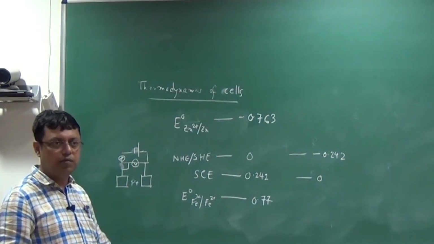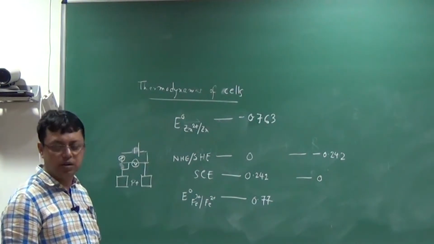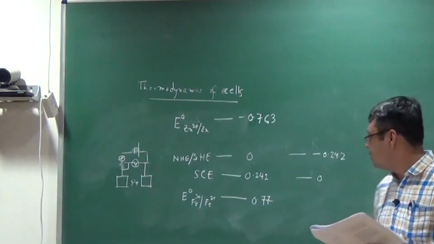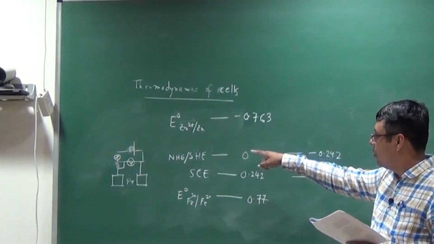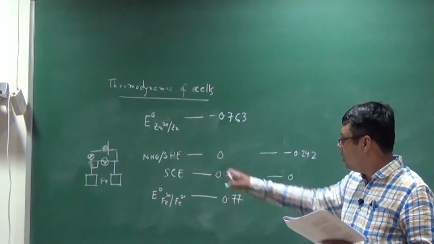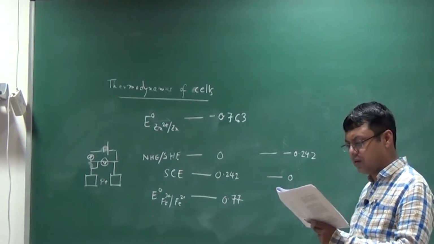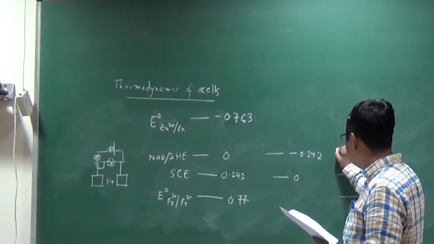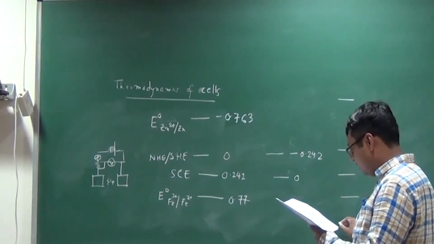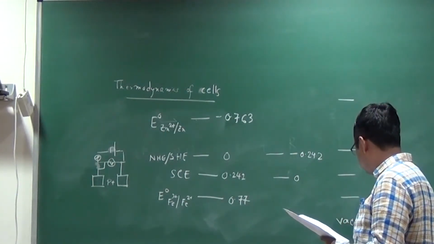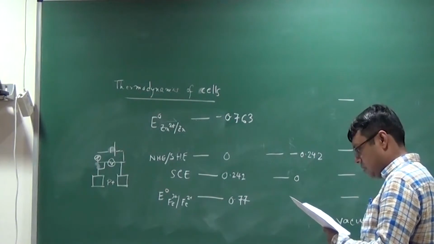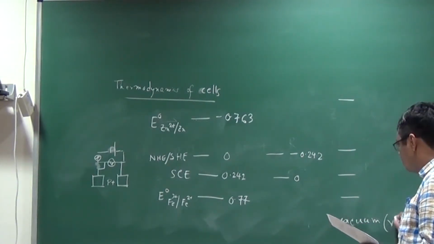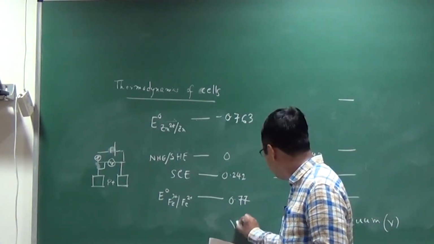We'll have a detailed discussion in the next class. Now what will be the Fermi energy level values for all these metals like zinc, platinum, silver and so on? If we do it in terms of vacuum values, these are all again in volts.